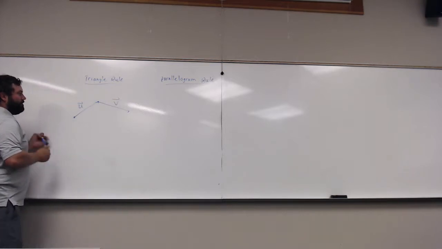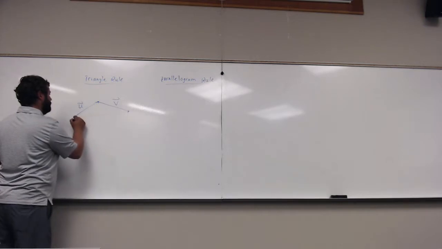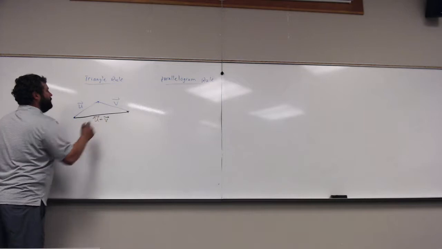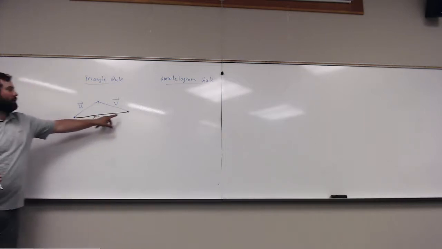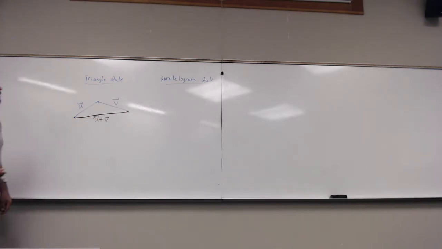The sum of u and v would start at the tail of u and then finish at the head of v. Okay, so that's the triangle rule of addition.